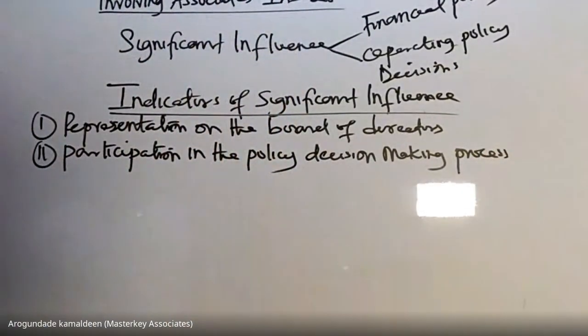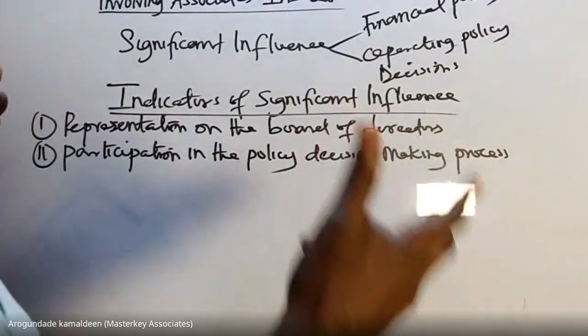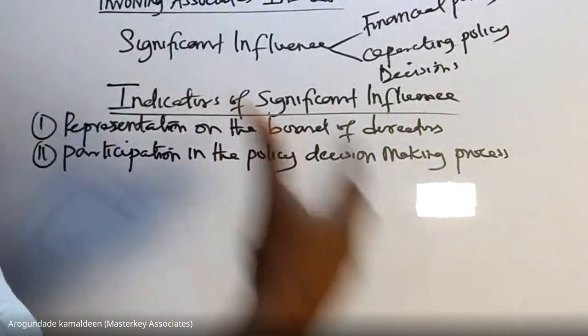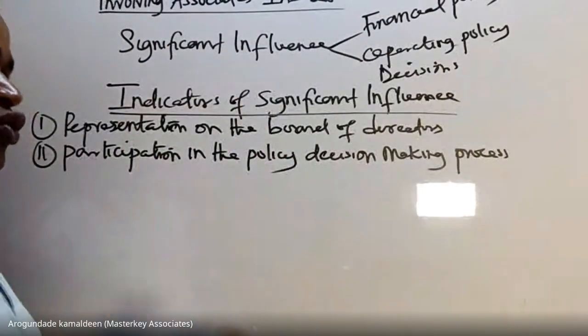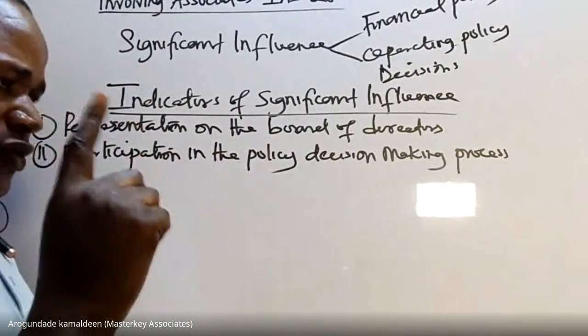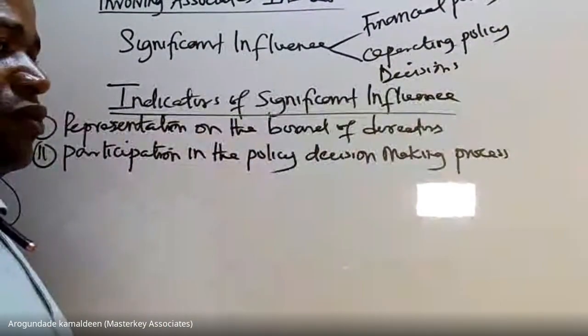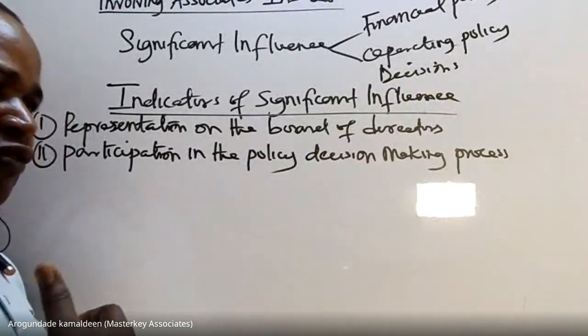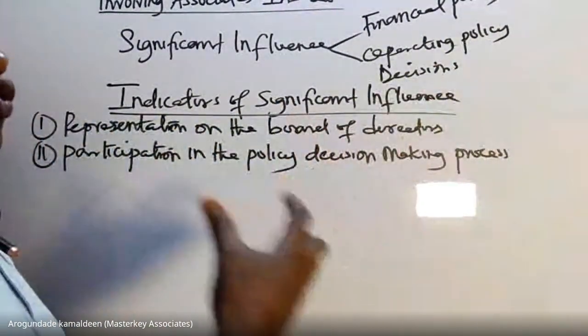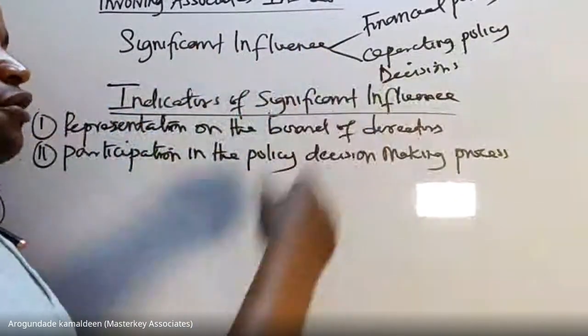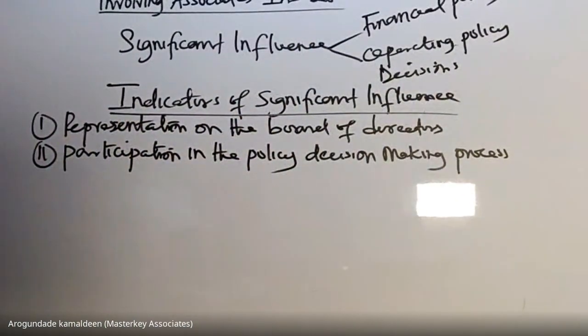When you are able to be involved, you are able to suggest. You are just suggesting. They give you the right to air your view, to be involved in the policy decision making. It shows there is a significant influence.